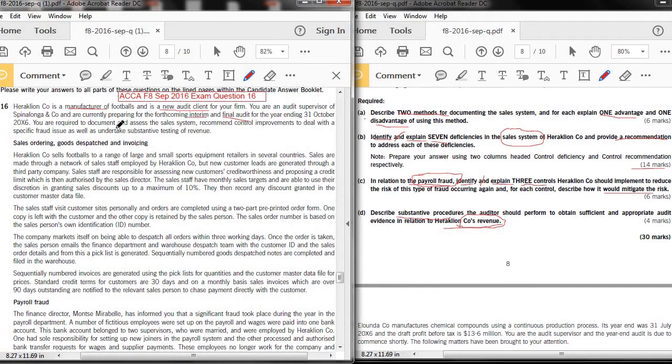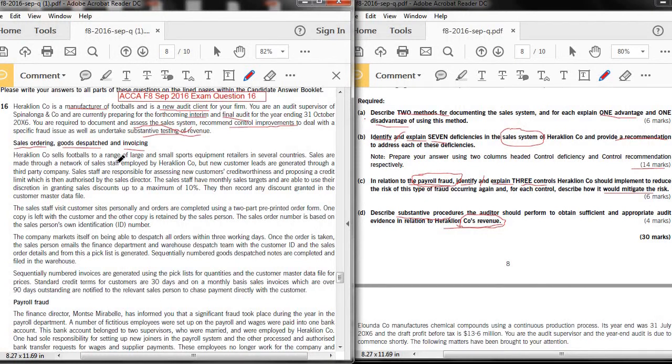You are required to document and assess the sales system, recommend control improvements to deal with a specific fraud issue, as well as undertake substantive testing of revenue. Whatever he asks in the questions, the same sentence he has given in the scenario. Sales ordering, goods dispatch, and invoicing. You can expect the answer of part B in this paragraph.